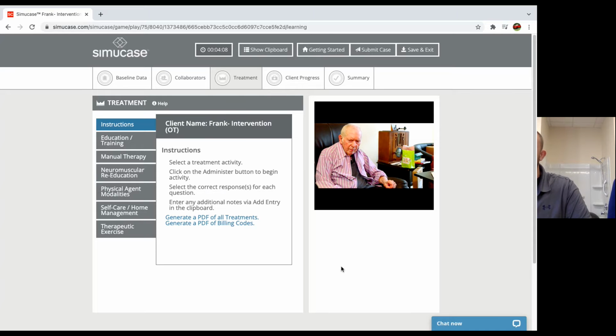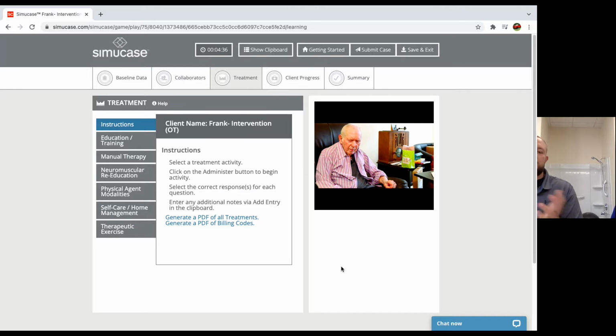Another course objective is for the students to understand how we turn from didactic work in the classroom into clinical reasoning skills and into clinical work in preparation for fieldwork. I do use Simucase for level 1 fieldworks too. This gets them used to not only the platform, but these brainstorming ideas, because what they have them do on fieldwork is extremely similar to what they do in the classroom when we practice those days.